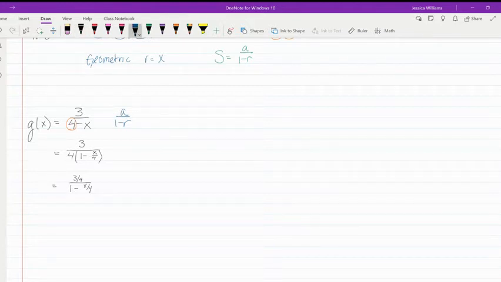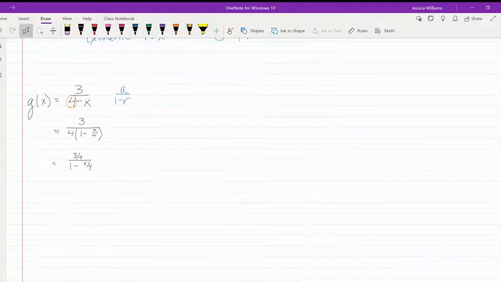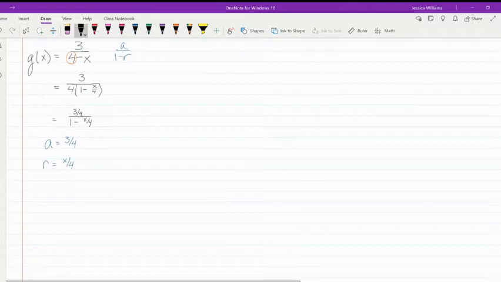So remembering a over 1 minus r, if I can pull pieces from this, I can write a power series. So a is 3/4 and r is x over 4. We are going to try to write the terms of the power series using that information. So this rational function is now equal to this geometric series.